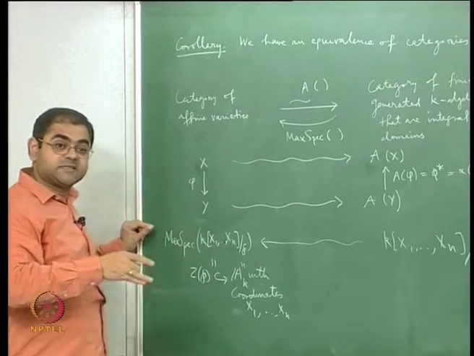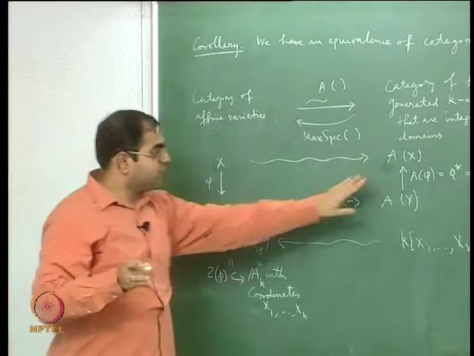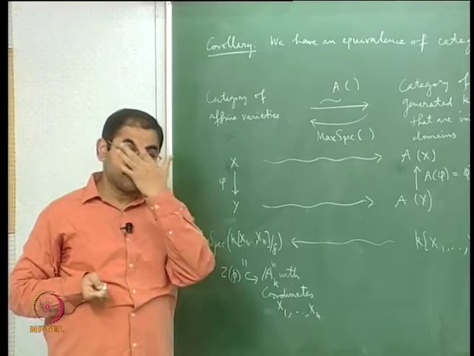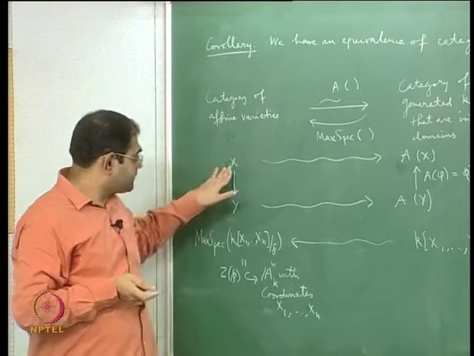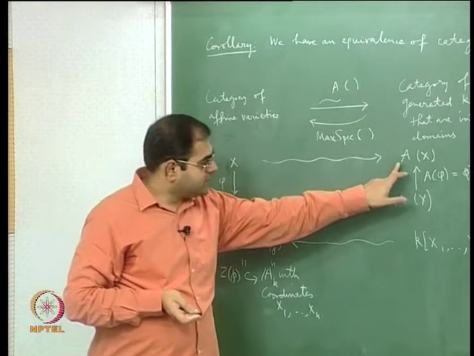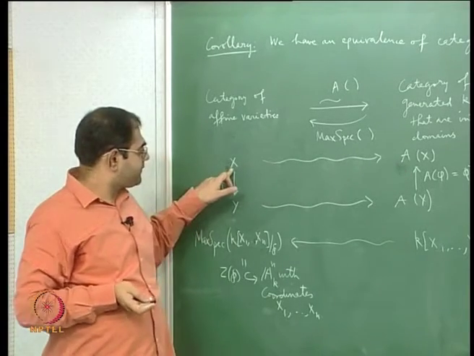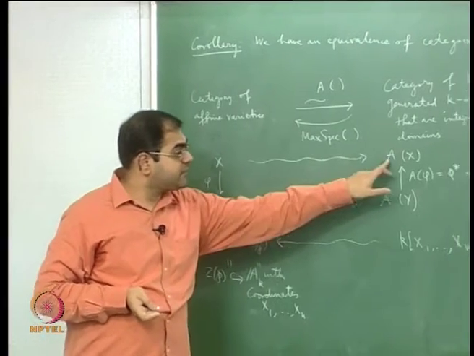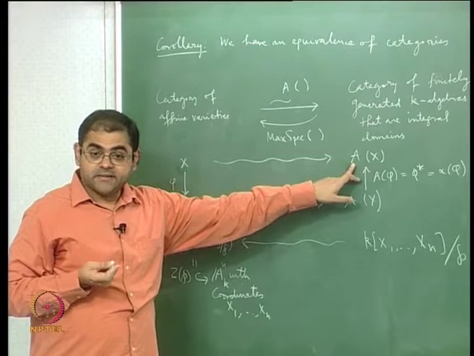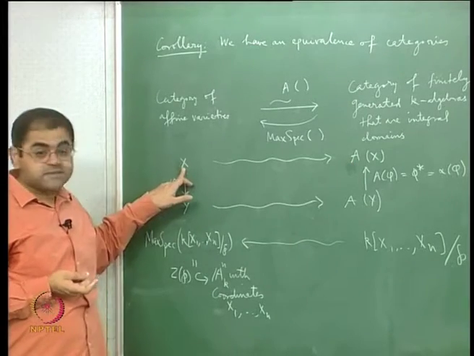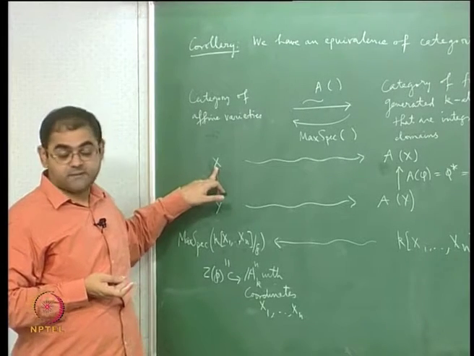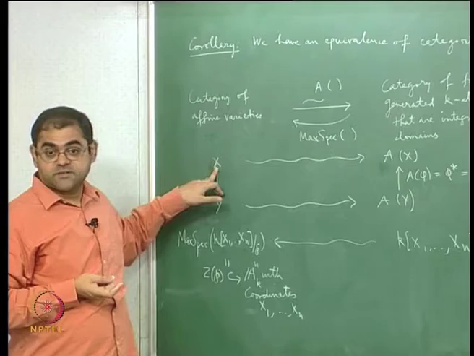Trying to characterize an affine variety by its ring of functions is a very intrinsic thing, because it does not depend on the extrinsic choice of embedding, of putting that variety as an irreducible closed subset of some affine space.